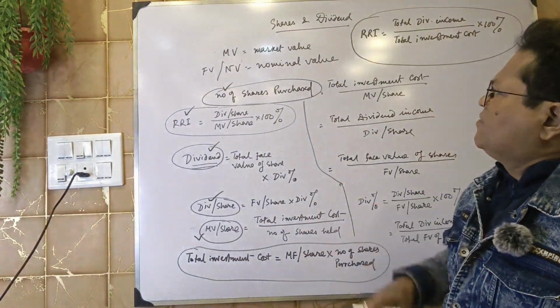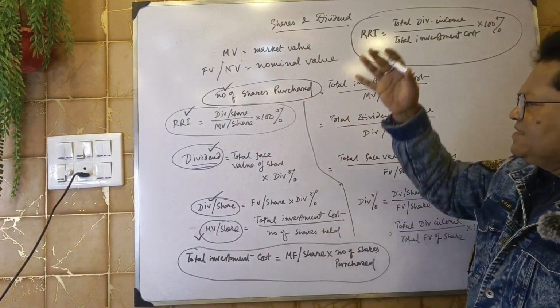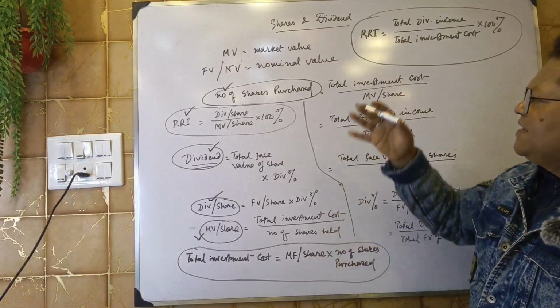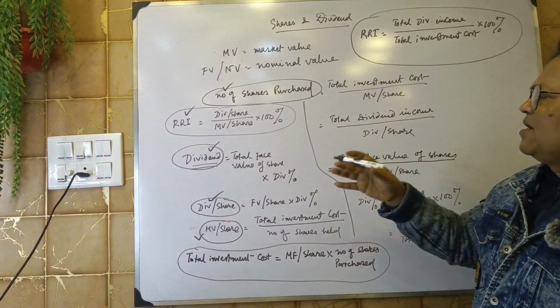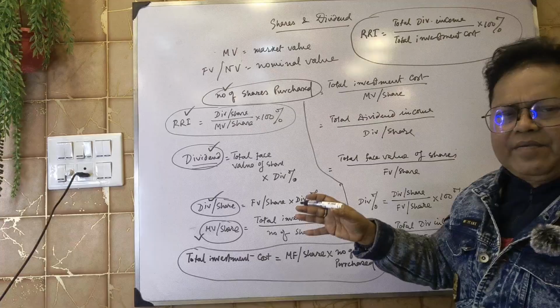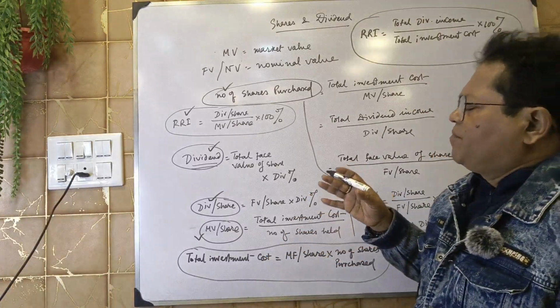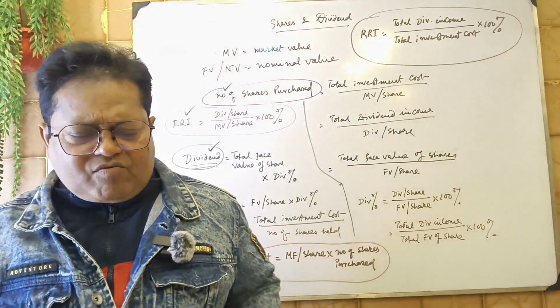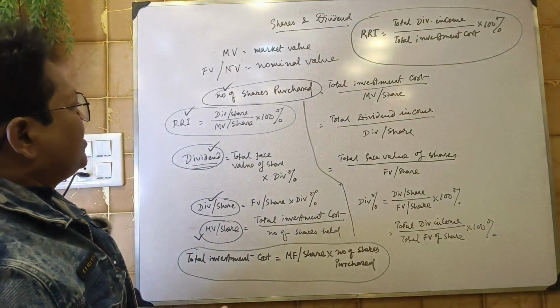Now you get the full picture. Each and every ratio you will get, every relation you will get from this is the financial picture of a company: how the company issued its shares, at what price, and what is the market value.